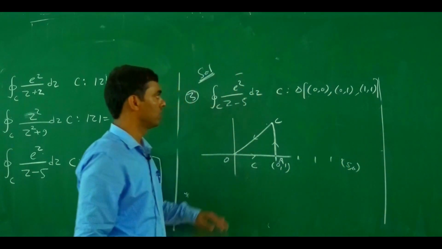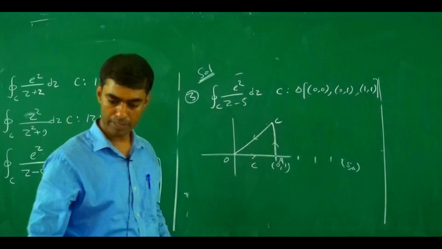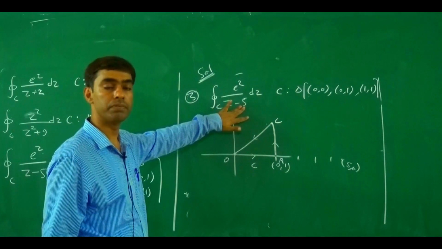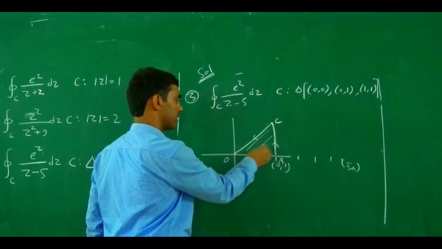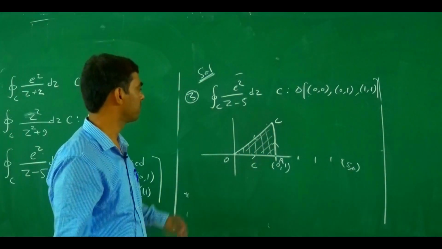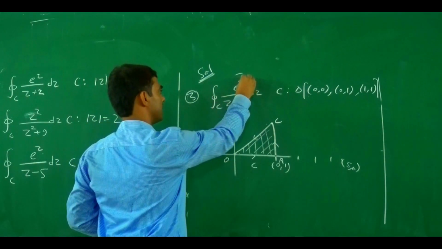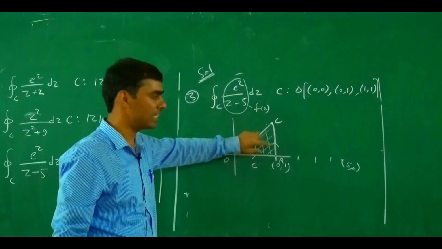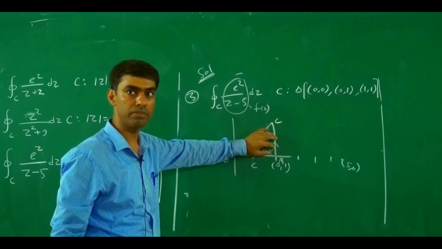So z equal 5 totally lies outside the closed curve C. So we conclude that z equal 5 lies outside the closed curve C. Then this function fz is analytic inside the closed curve C, and f dash z is also continuous inside the closed curve C.